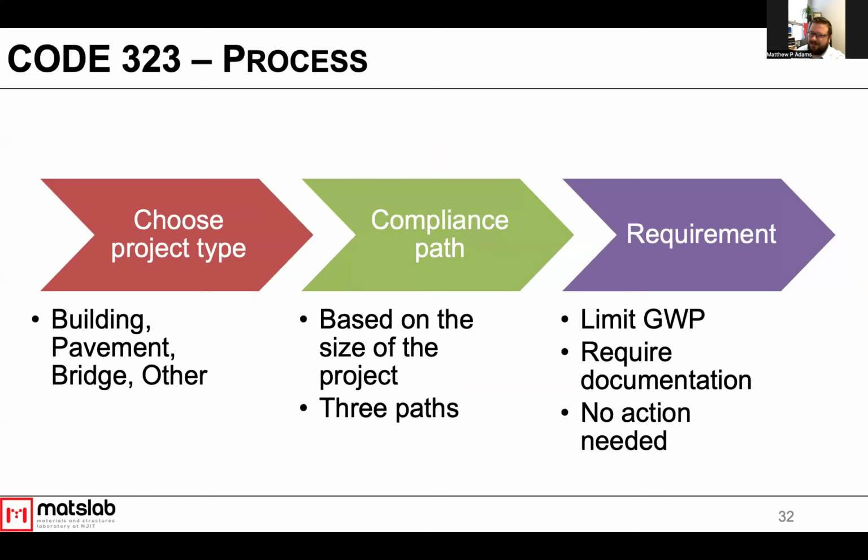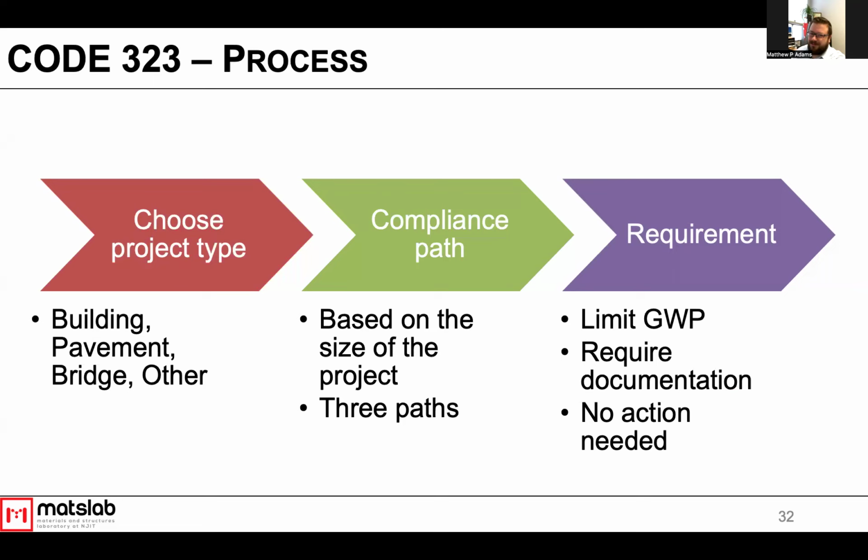So what is our code process? First you need to choose the type of building that you're using. So building, pavement, bridge, etc. Then your compliance path, which is going to be based off of the size of your project. And we have three paths. You're either going to limit your GWP for the largest buildings. For mid-sized buildings right now, we require you to set your documentation, so calculate your GWP and your benchmark. And then for the smallest one, no action is needed.